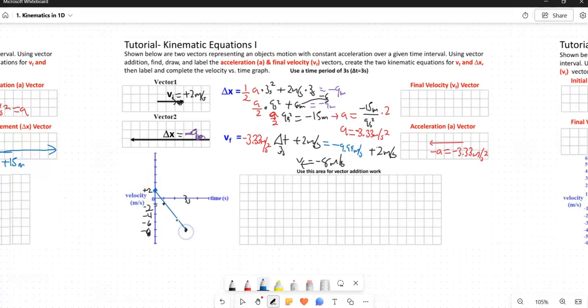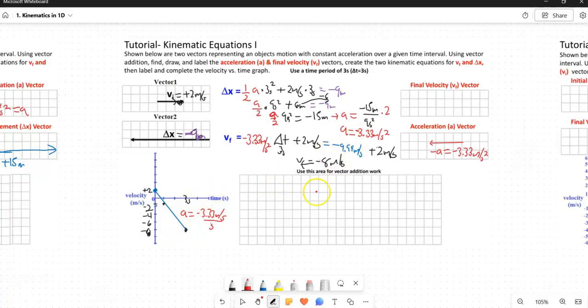And so our graph is going to look like this. And the slope of that line is going to go down, where the slope of that line is -3.33 meters per second change for every second. And so since you have 3 seconds, that'll be basically that'll be a -8 will be the end.